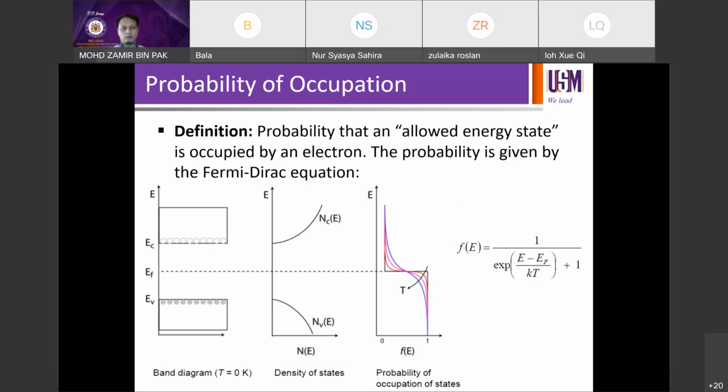So the third concept is called probability of occupation. Remember, the first one is the Fermi-Dirac distribution function, the second one is DOS, and the third one is probability of occupation.